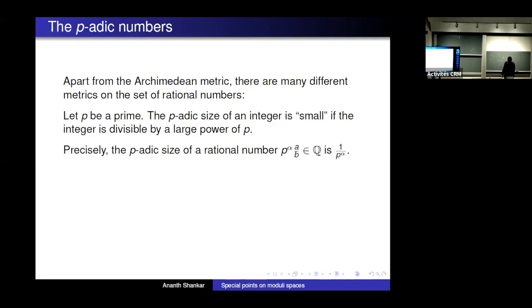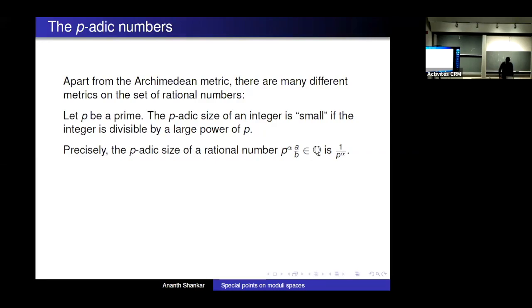The P-adic size of this number is defined to be 1 over P to the alpha. So if your rational number has a large power of P dividing the denominator, then its size is large. If it has a large power of P dividing the numerator, then the size is small. You mean P does not divide? P does not divide. Thank you.